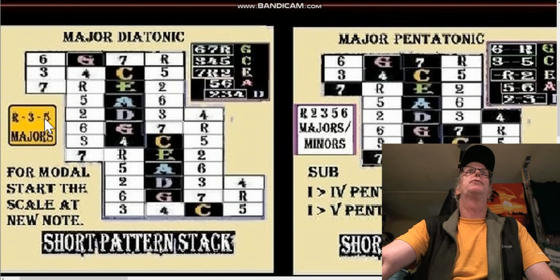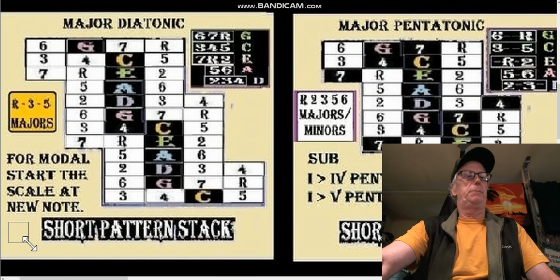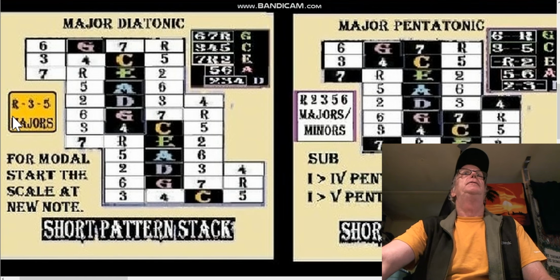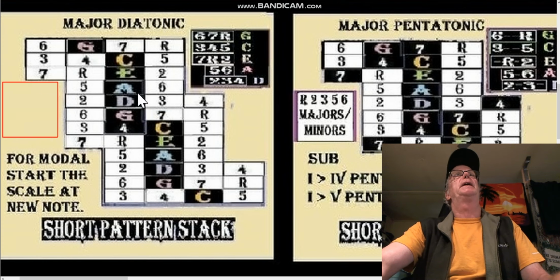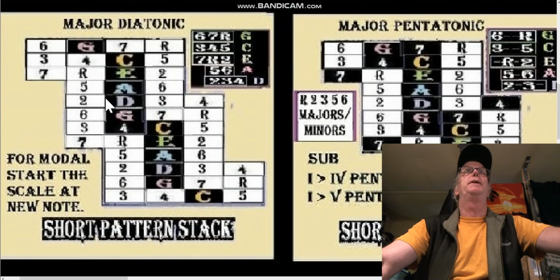So this is root 3, 5 for the majors. That is not what that is. That is a mistake. So let me get a little bit of yellow on my pad, and I'll just blank that out. That is not what it is. For the diatonic, it's root 2, 3, 4, 5, 6, 7, root.